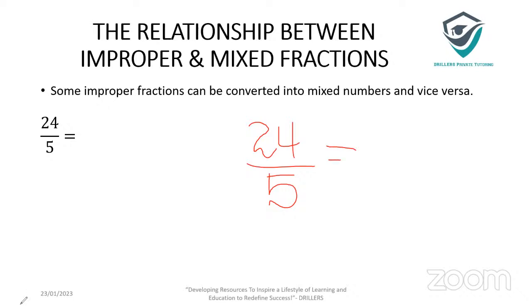So we say that we have 4 wholes, and the remainder goes over 5. 24 take away 20 leaves us with 4. We put that 4 over our original denominator. So 24 over 5 as a mixed number is 4 and 4 fifths.